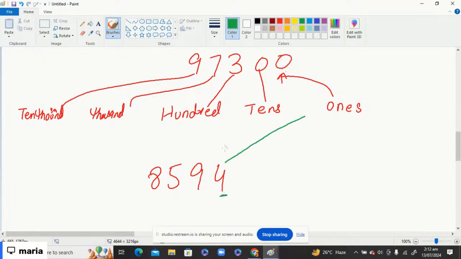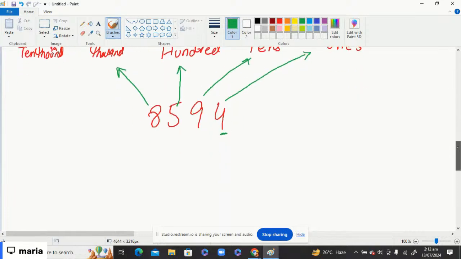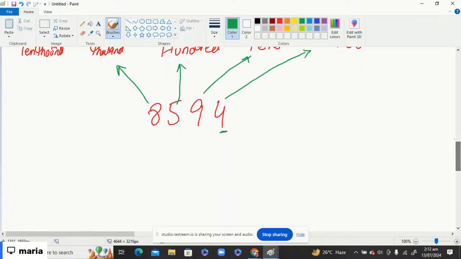So this is the ones place, 9 is in the tens place, 5 is in the 100 place, and 8 is in the 1000 place. Got it? This is the way: start from ones, tens, 100 and 1000, then 10,000, then 100,000, and after that it's million.